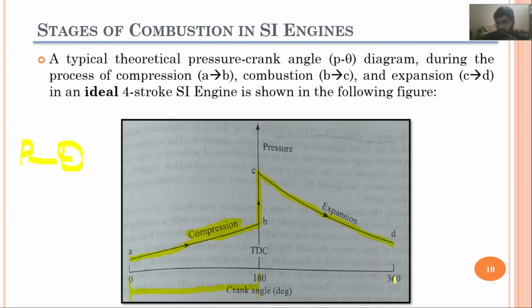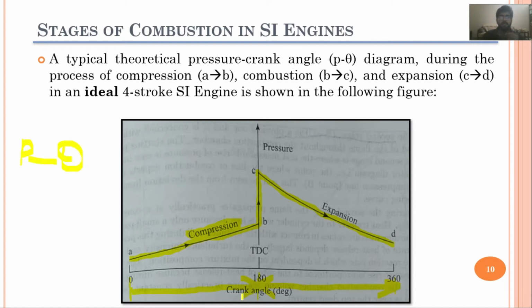So this is the one 360 degrees which I was talking about, compression and then the power stroke. So the crankshaft has rotated only 360 degrees for now.